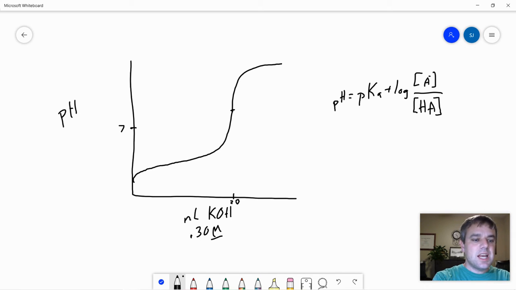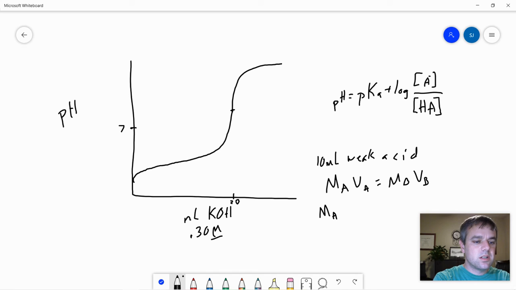And let's say that we had 10 milliliters of weak acid. Well, the molarity of the acid times the volume of the acid equals the molarity of the base times the volume of the base.